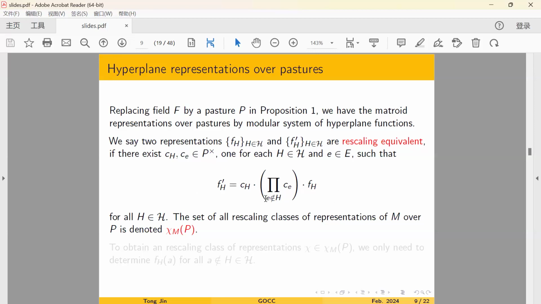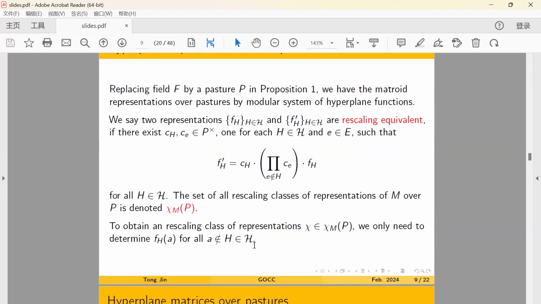And this can be done simultaneously for all hyperplanes H of the matroid M. And now we denote the set of all rescaling classes of representations of M over some pasture P by chi M of P.